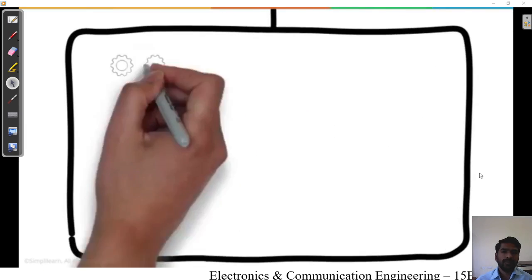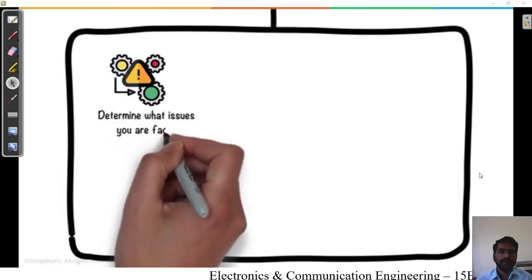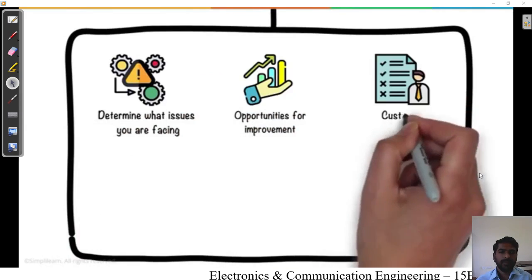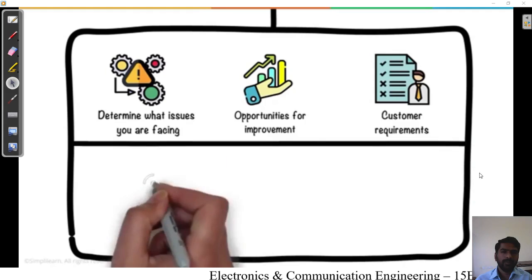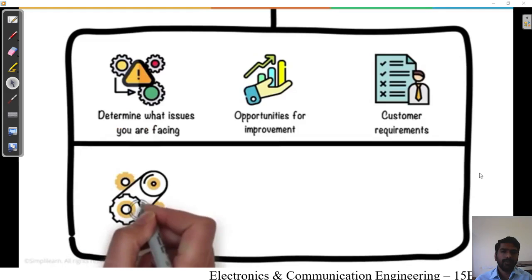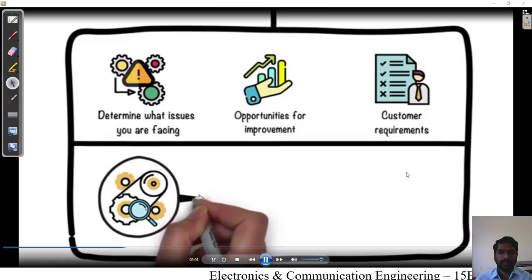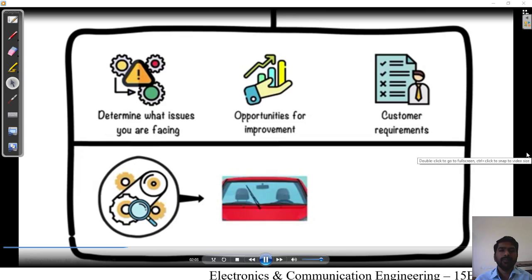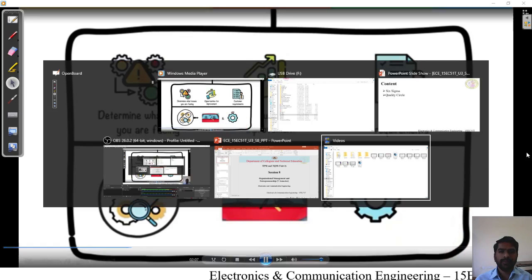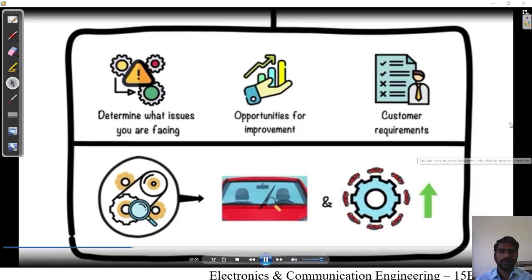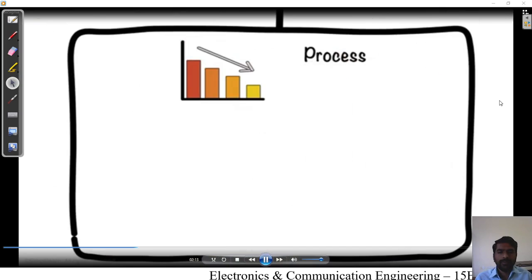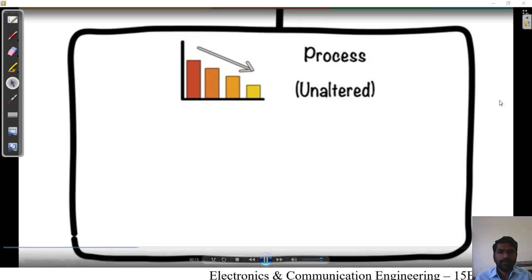In the Define phase, you determine what issues you're facing, what your opportunities for improvement are, and what the customer requires of you. Here, you look at the process as a whole and determine the issues with the manufacturing process. In this case, finding out why the cars had varying windshield wiper quality and how to optimize the current process to manufacture more cars. In the Measure phase, you determine how the process is performing currently in its unaltered state.